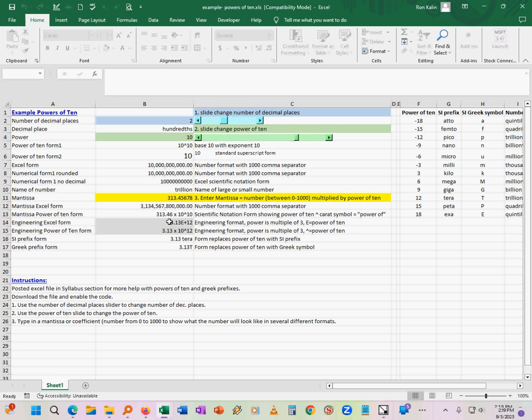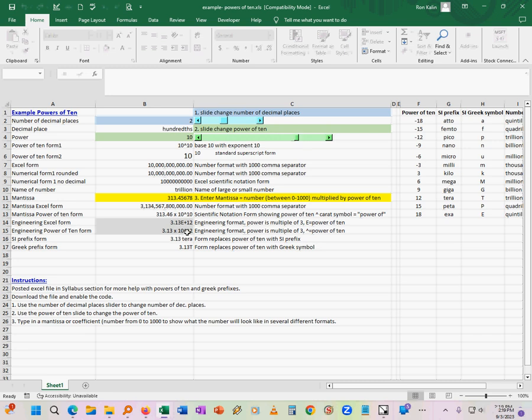So it moved it 2 places, and it went from a 10 and increased it to a 12. And then the second format is still engineering power of 10 form. It just is showing you, instead of the E, 10 to the 12th power, showing 10 with a caret.